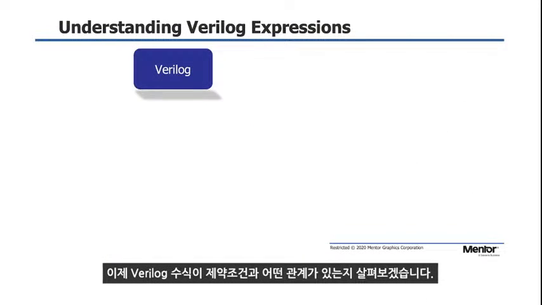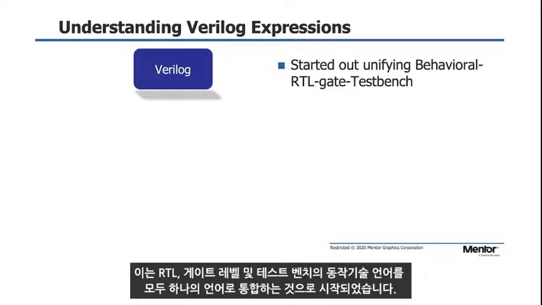Now, let's get into what Verilog expressions have to do with constraints. In order to do that, we have to go back and understand where Verilog came from. It started out unifying behavioral languages with RTL, gate level, and test bench all into one language.